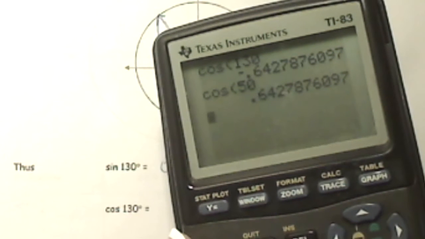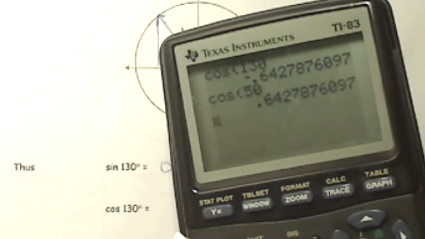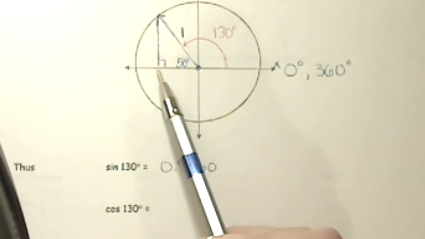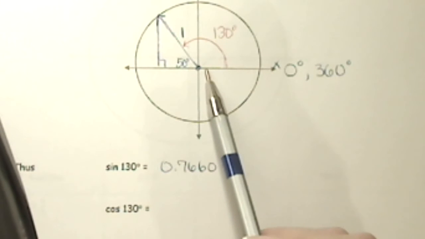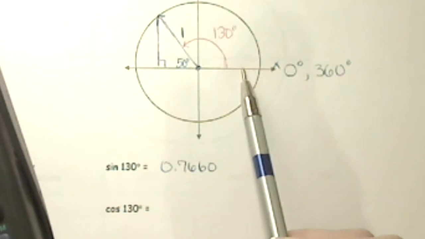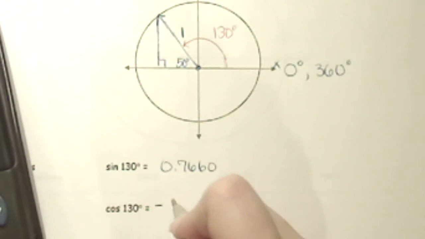The only difference is that one is positive and one is negative. The reason cosine of 130 is negative is because we are in quadrant 2 and cosine is the x and we're going left. If we're doing cosine of positive 50, we're going right, so that's why the cosine would be positive.